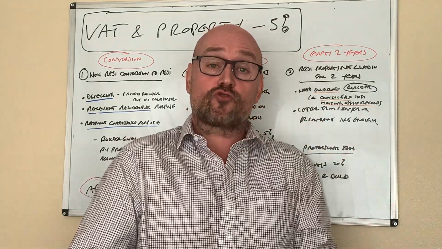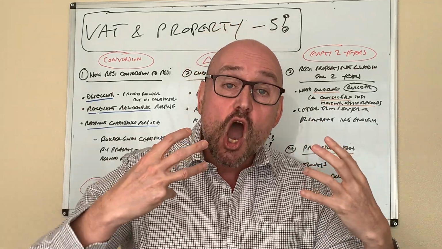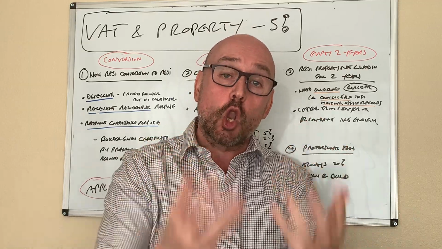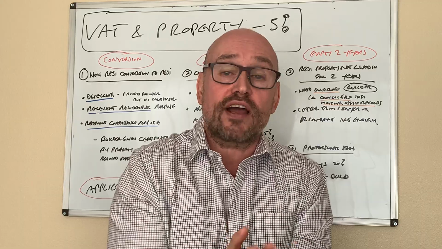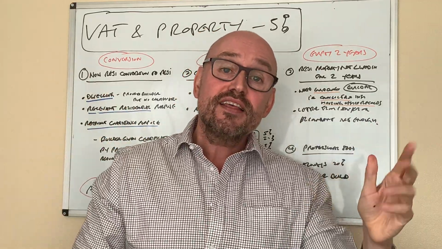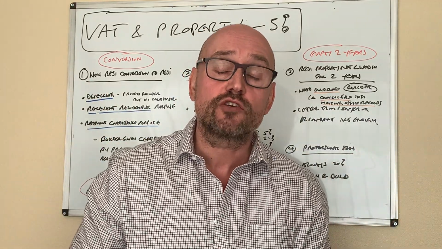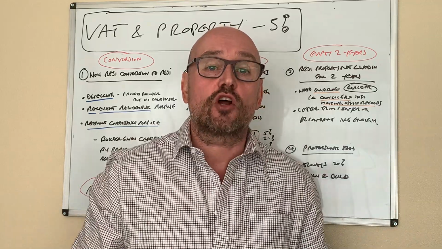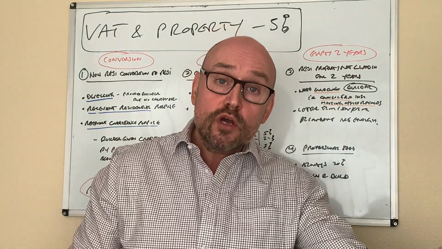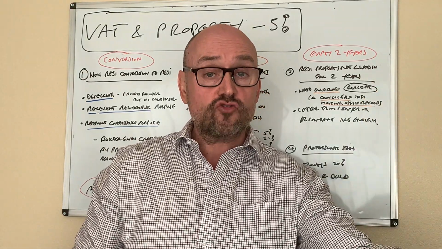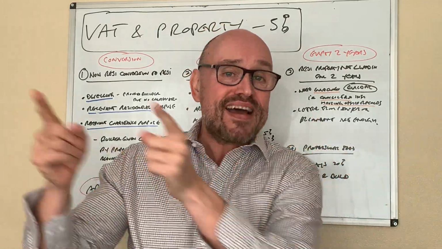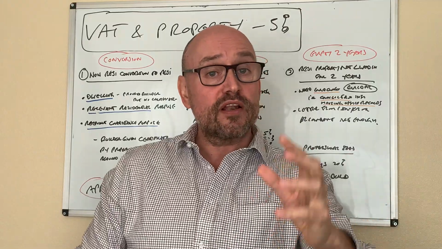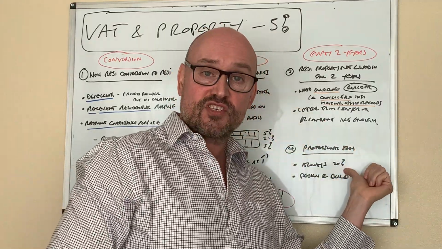Design and build contract is where basically the architects and the lawyers would contract with the main contractor rather than the developer. Yes, they would still charge 20% because they have to charge 20%, but it's to the contractor who can claim it back. But the point is that ultimately that is passed on to the owner of the building, the developer, but at 5%.